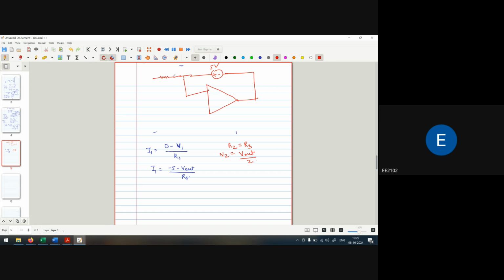Now we are using two resistors here. And this one is shorted.